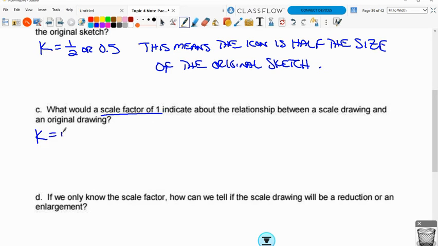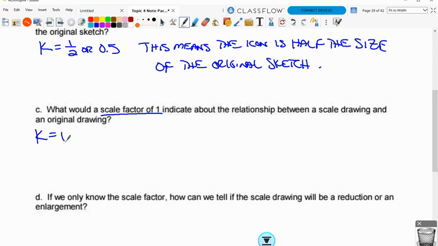Well, if k equals 1, if you take any number from the scale drawing and from the original drawing and multiply it by 1, you're going to get the same exact measurement.